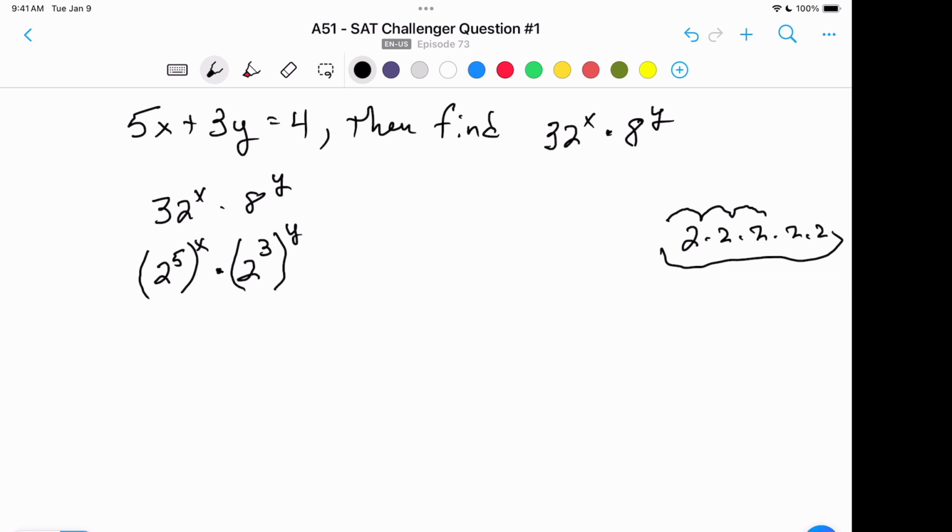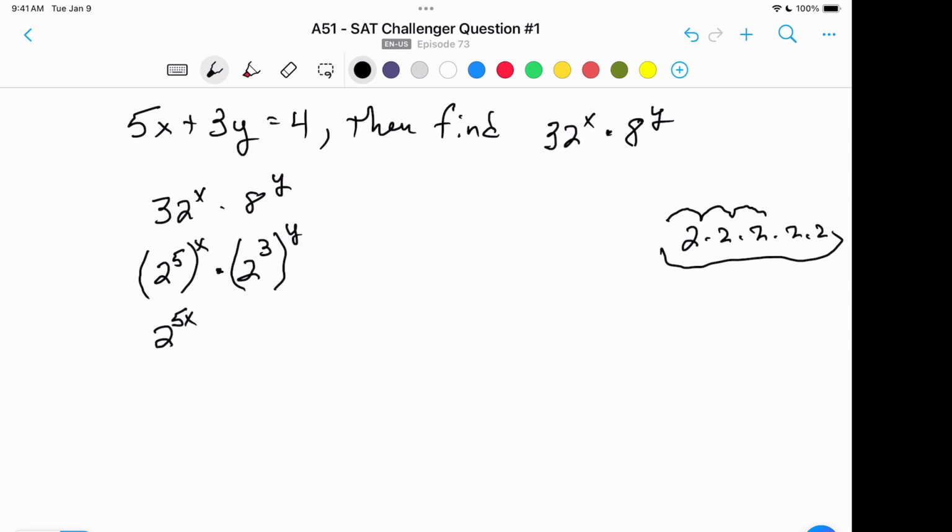Now, the next step is going to be an easy one. The rule about exponents is that when you take an exponent of an exponent, you multiply the exponents. So this becomes 2 to the 5x. Something's starting to form here. Keep going.